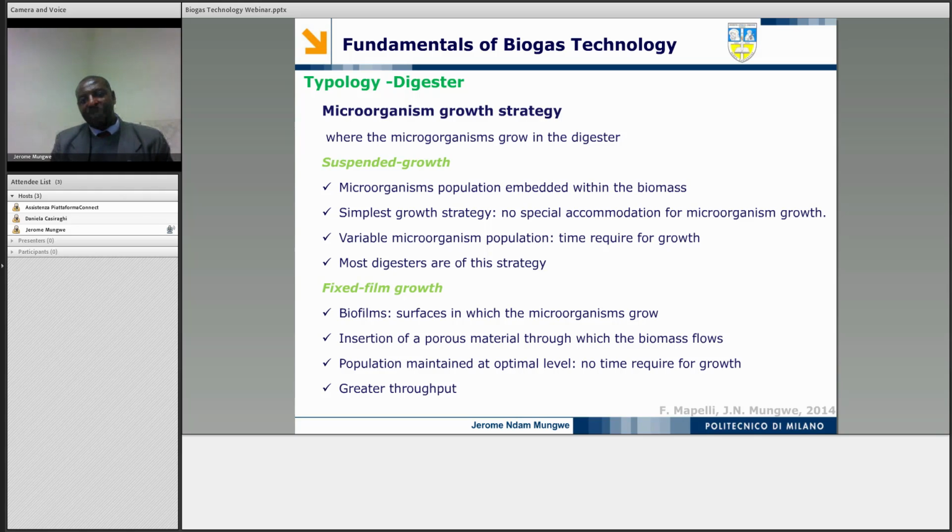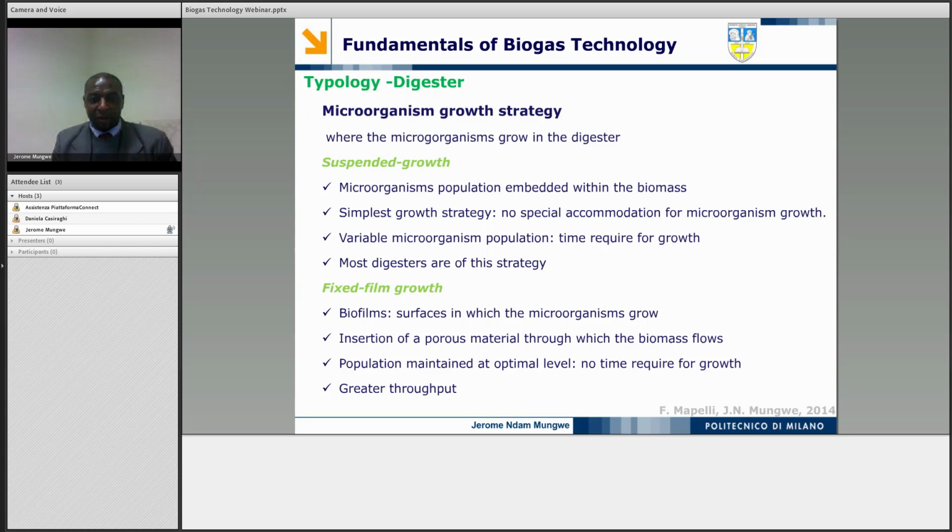And we have fixed film growth strategy, where the microorganisms grow on a surface called a biofilm. And the biofilm can simply be a material on which insertions have been made such that the biomass flows through it, and then the microorganisms grow on this porous material.